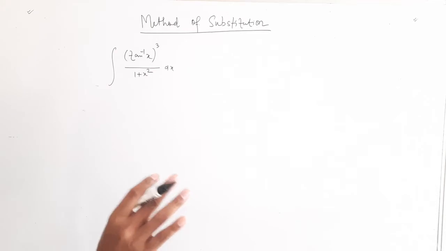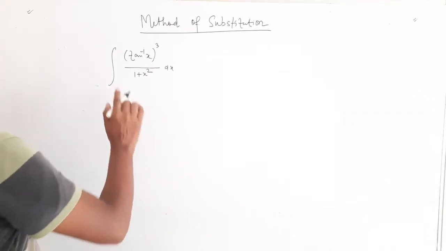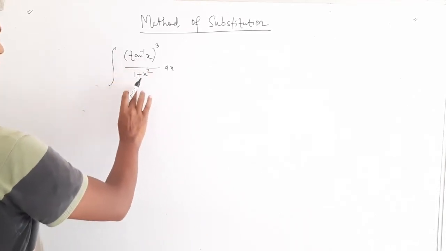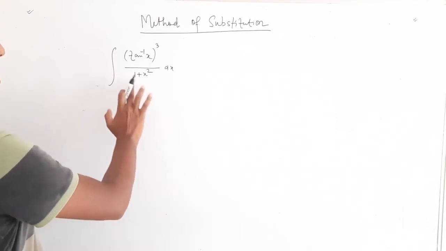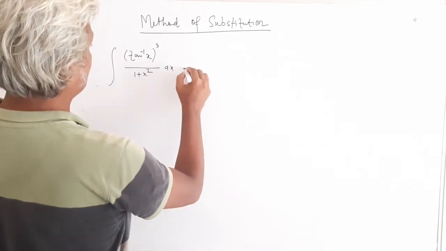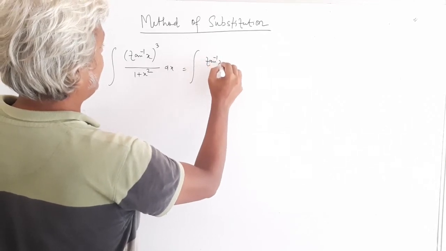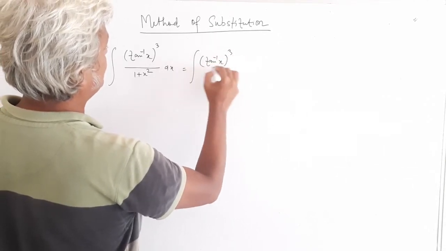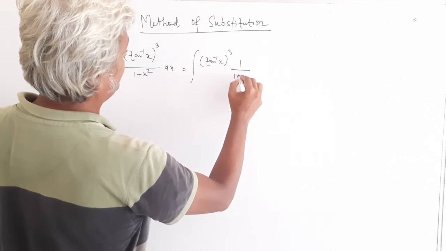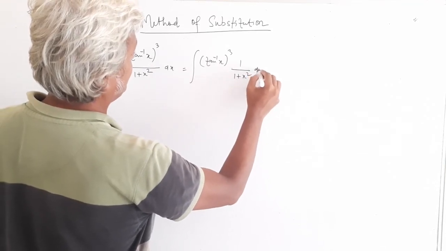Now those who remember the formulas know that the differentiation of tan inverse x is just 1 upon 1 plus x square. So I can write this whole question as integration of tan inverse x whole cube times 1 over 1 plus x square dx.